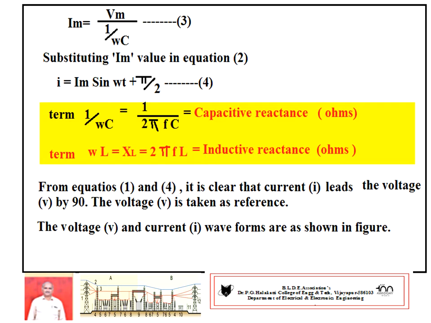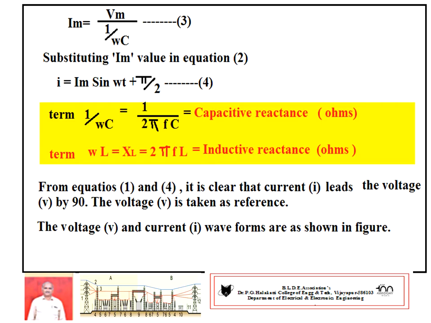Omega is replaced by 2 pi f. So it is equal to 1 divided by 2 pi f C, where f is frequency in cycles per second, or hertz, and C is capacitance in farads. In a similar way, in an inductive circuit, XL is known as inductive reactance.